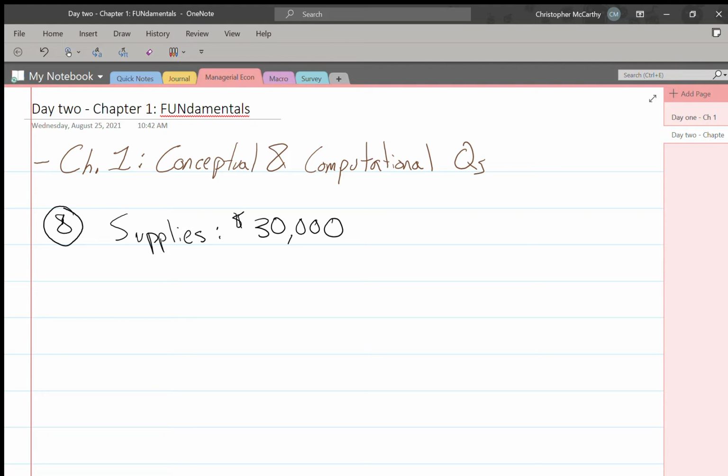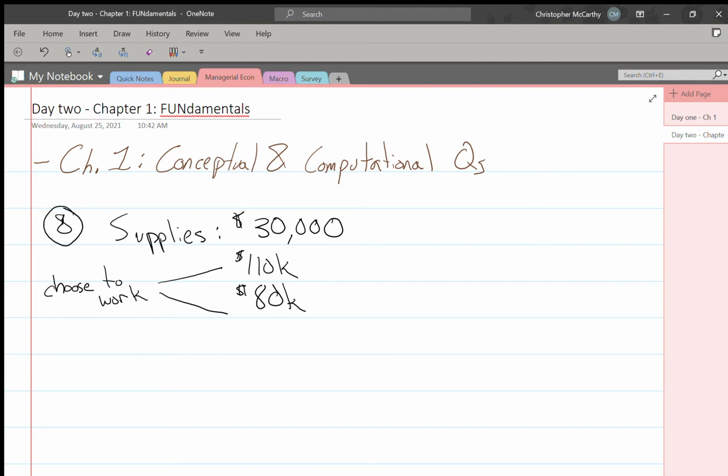It should have been famous marketing firms. There's a typo in the book. So she's told that she can either take a job for 110,000 a year, or she can take a job for 80,000 a year. So she could choose to work, and this is how much she would make.